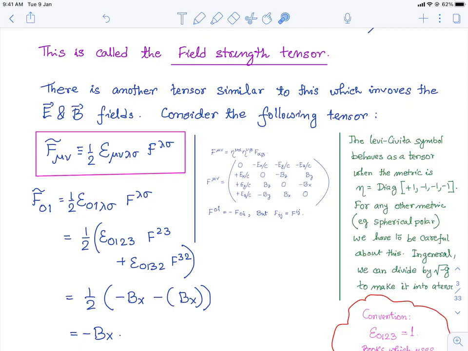So it is always possible to find a tensor quantity which is completely antisymmetric, constructed just with plus and minus ones and zeros, and the determinant of the matrix. Here, root over minus determinant of the matrix is just 1. So in this case, we'll not worry about that additional complication, and we're going to treat this epsilon as a proper tensor.